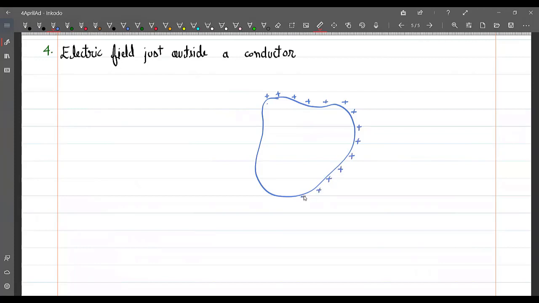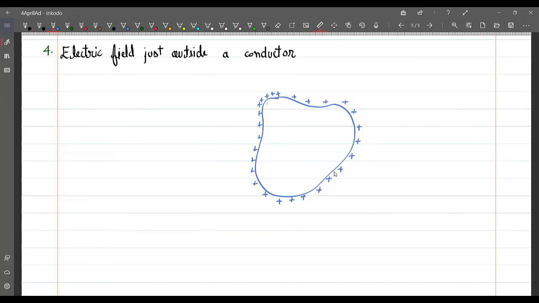Of course, the charge distribution will not be uniform. Some places will have more charges, some places will have fewer charges. Where there are sharp edges, the amount of charge is greater. Where there are blunt, meaning smooth edges, the surfaces have less charge.